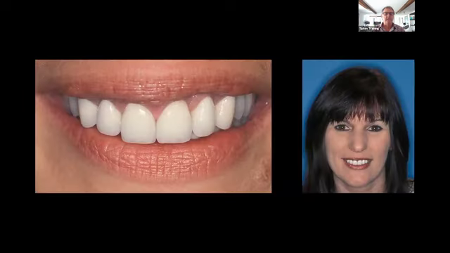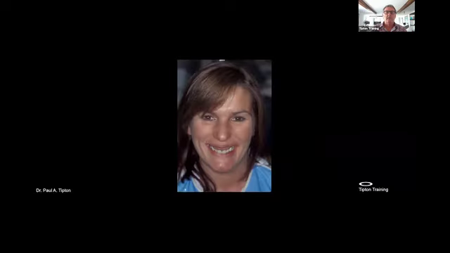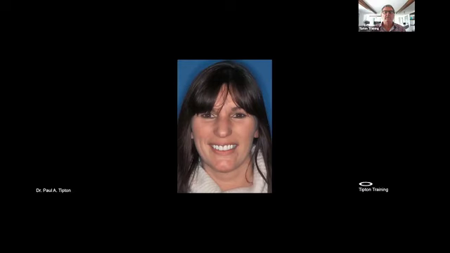So there's our finish line. And remember, we discussed that we wanted to have the incisal edges touching the lip as opposed to the lip overlapping the incisal edges, which was there at the very beginning. There's our patient's final smile. And this is where we started. And this is where we finished.